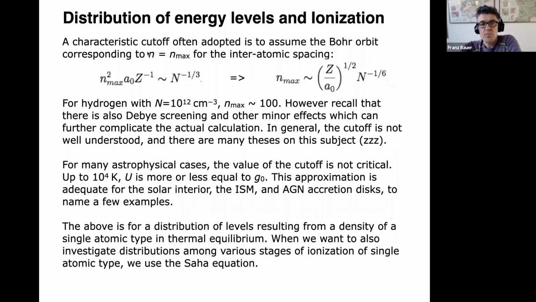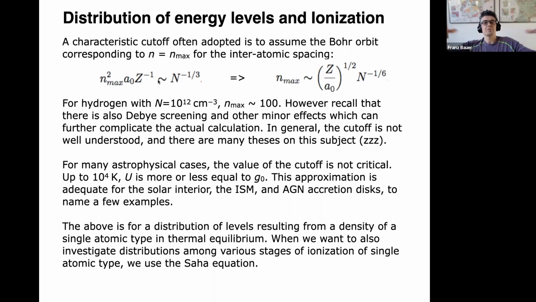And so if we adopt a sort of Bohr model of the orbit corresponding to some maximum n level, for that particular n level, we can think about the interatomic spacing. And the interatomic spacing is going to go roughly as n squared max times a, divided by z, which is roughly going to be 1 over the cube root of the density.